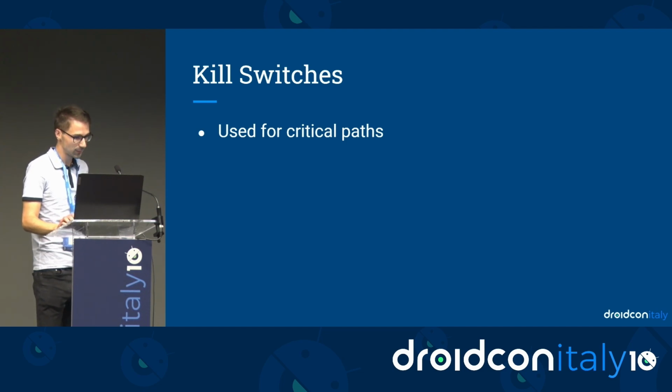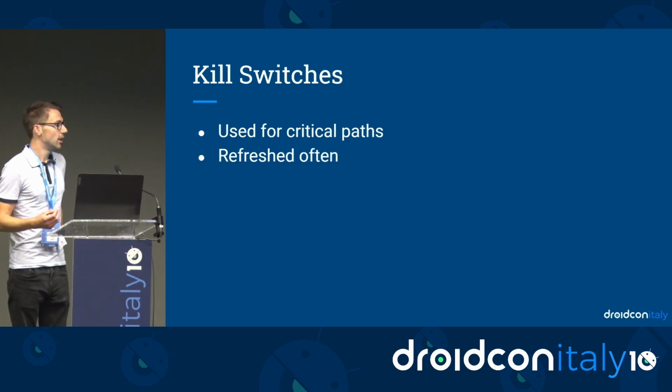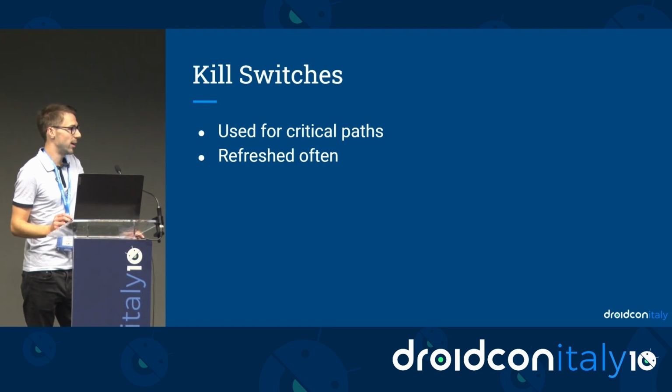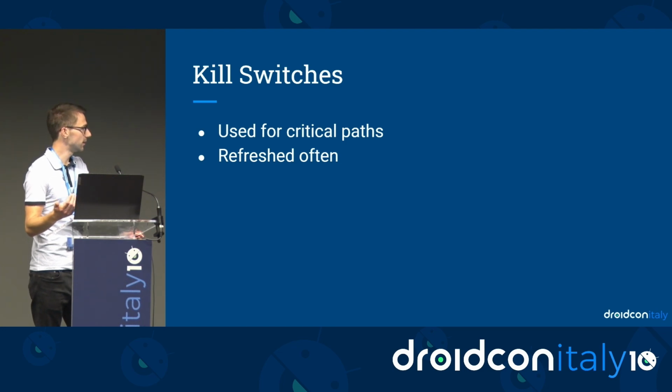losing users. So what's different between kill switches and regular feature flags is that they're refreshed more often. So usually feature flags are fetched either once per app launch or every few hours, because it's not as important that the user gets the newest state.